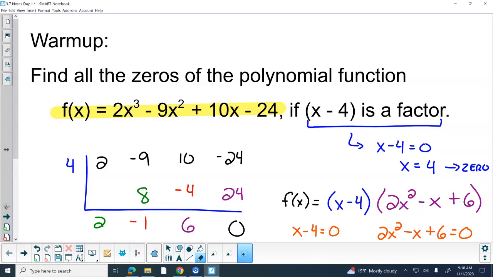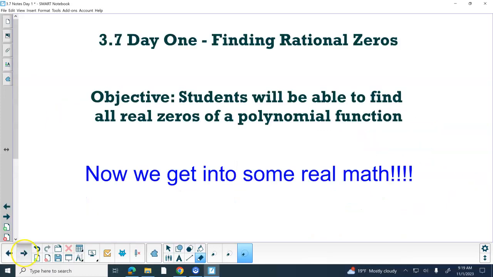Starting today, we're taking that extra part away. We're just going to say, here is this highlighted function, solve it, without giving you one of the things that makes it work. You've got to find them all to make it work.